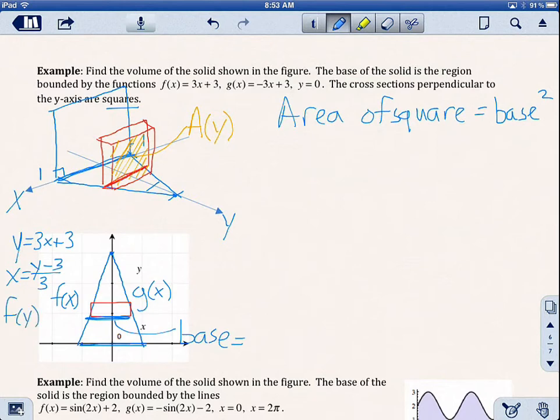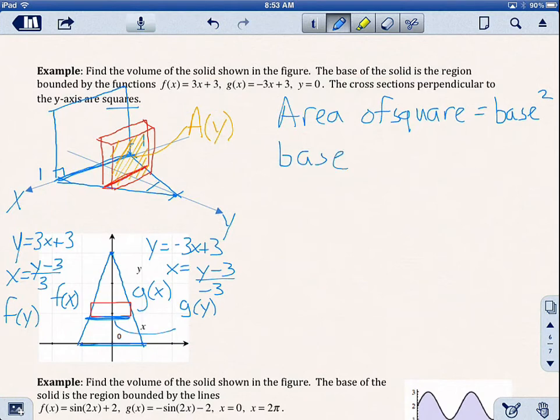And then for g of x, we have y equals negative 3x plus 3, and if we solve for x, we would subtract 3 and then divide by negative 3. So we get (y minus 3) over negative 3, and that equals g of y. And so our base is going to be g of y minus f of y.